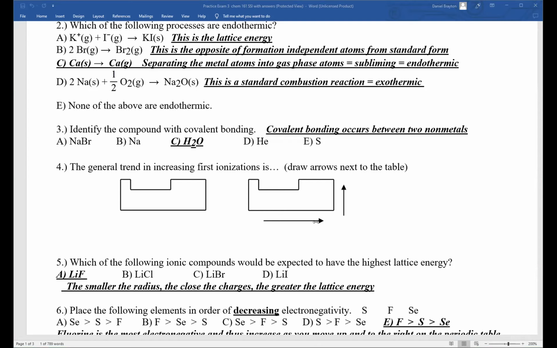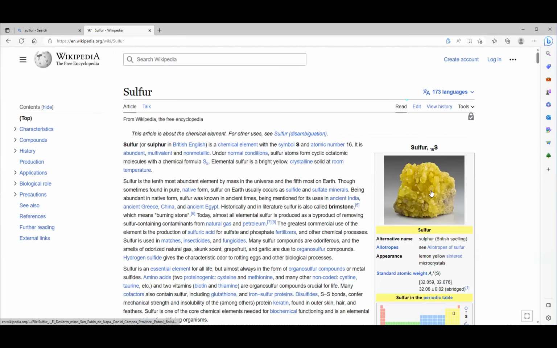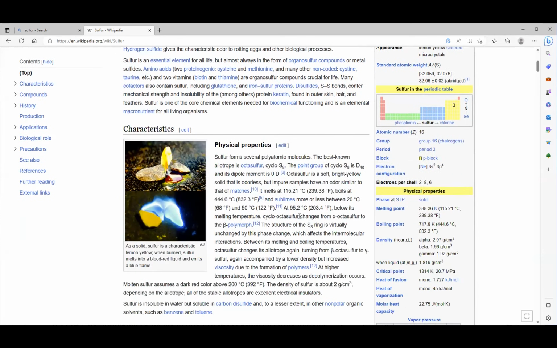I'm just pulling up Wikipedia here, and I'll share the screen. So there are forms of sulfur, right? This one is, I guess, 16 atoms. I'm sure there's several different kinds.